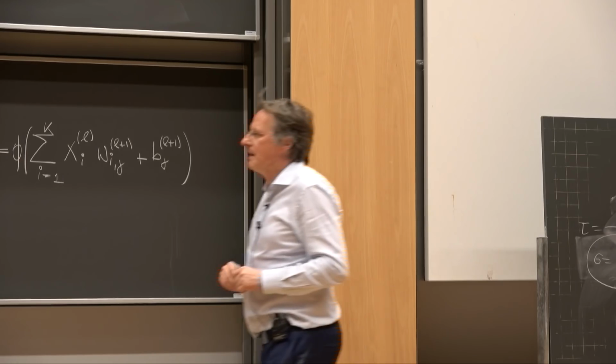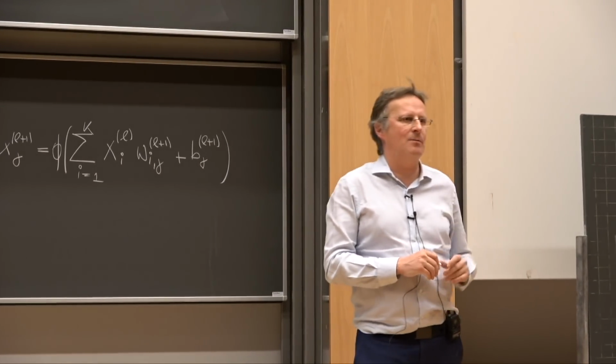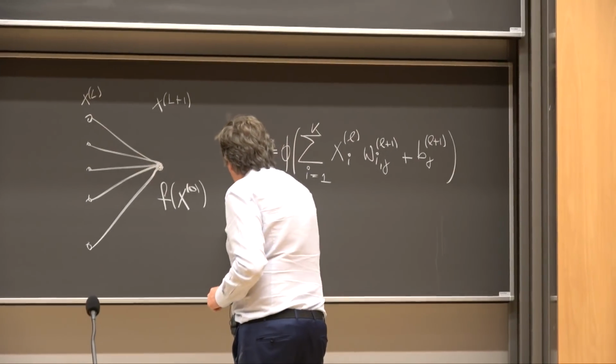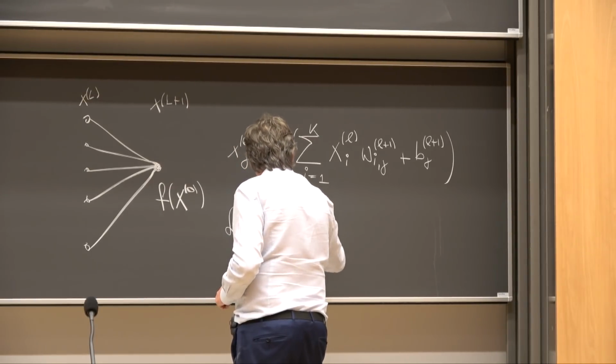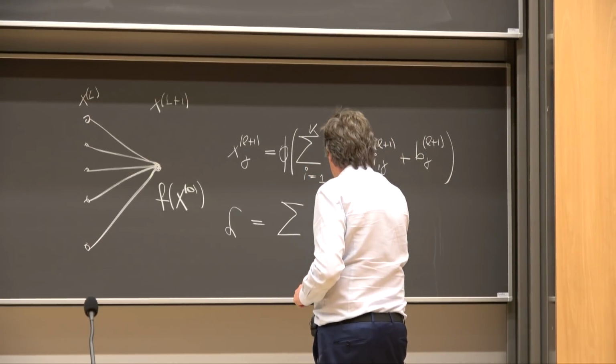It's not going to be super important. The algorithm doesn't depend on exactly what the task is. But just to be specific, let's assume that my cost function is a least square.